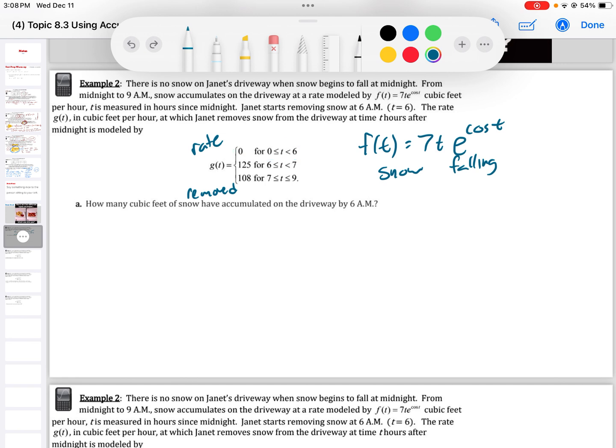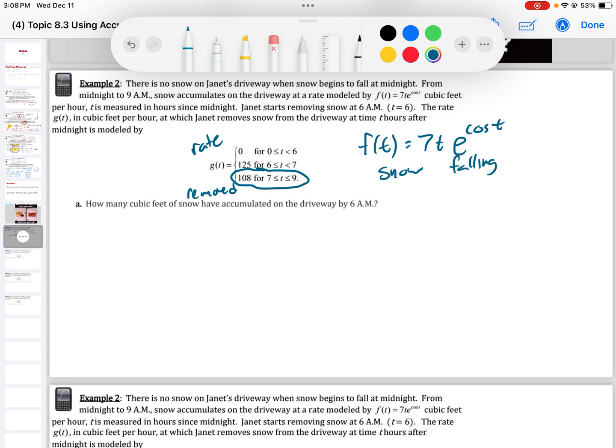So from 0 to 6, she's not removing anything, right? The snow is just coming down. Okay, from 6 to 7, she's removing the snow at 125 cubic feet per hour. So she is at 1 hour, right? So she removed exactly 125 cubic feet over that hour. Okay, then she started slowing down, it looks like.